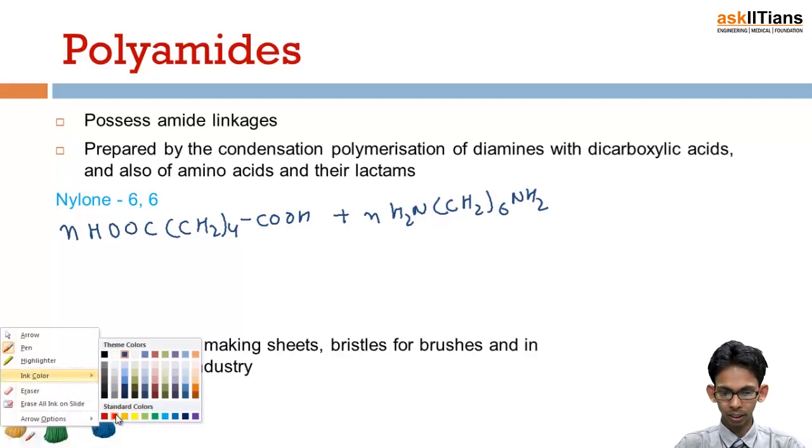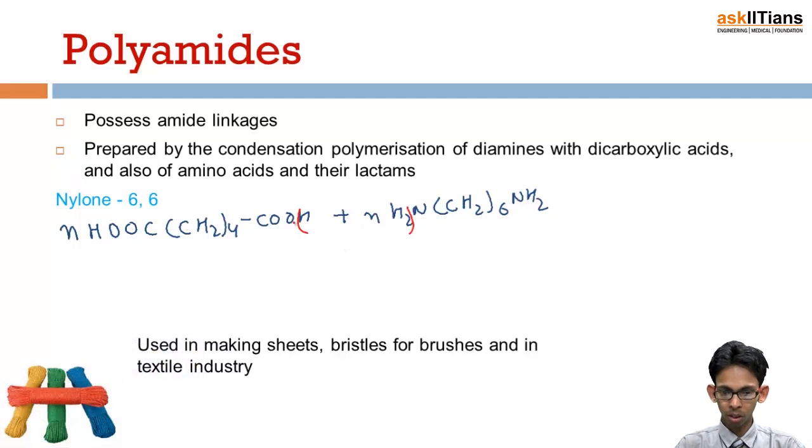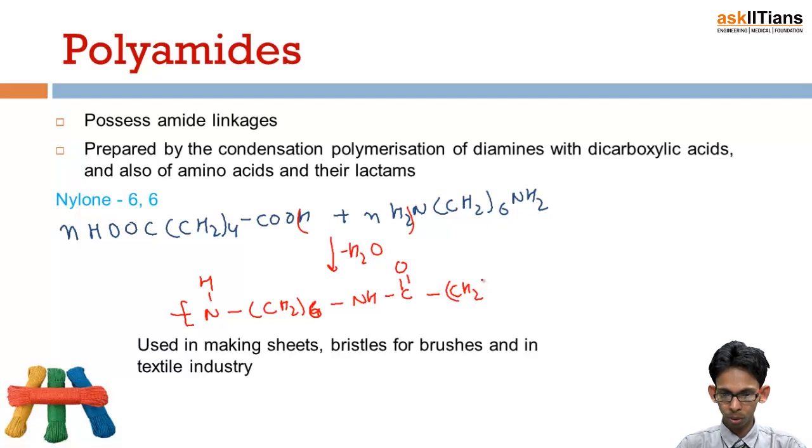This involves elimination of a water molecule, and we get this: NH, then CH2 four times, this part, then again NH, actually it's this part, it would be 6 here, then this NH, then CO this part, then CH2 four times, and again CO. This is nylon 6,6 because both the monomers have 6 carbon atoms.